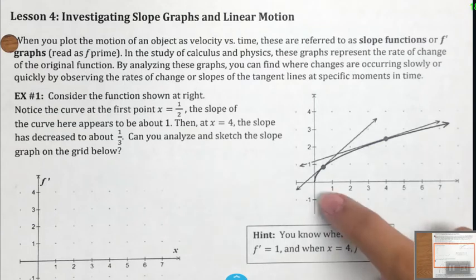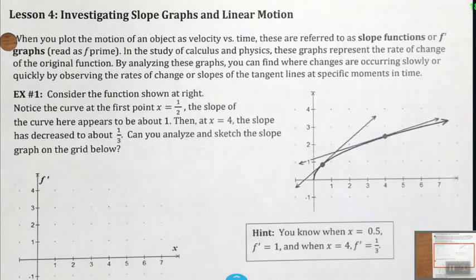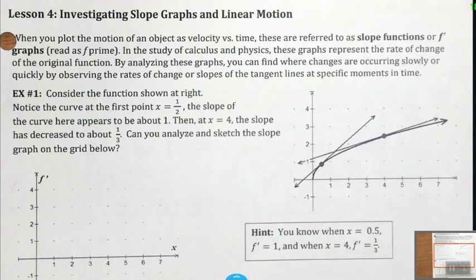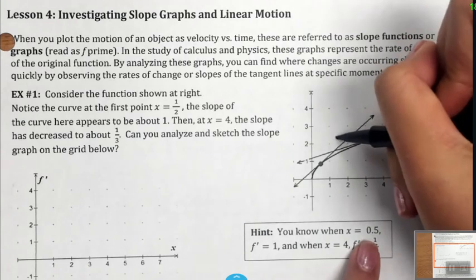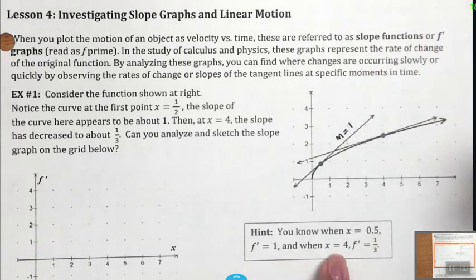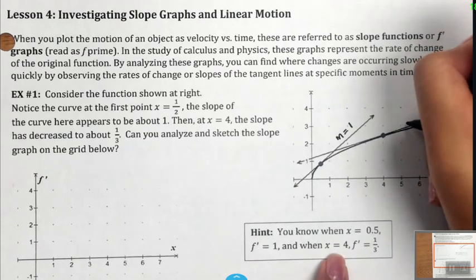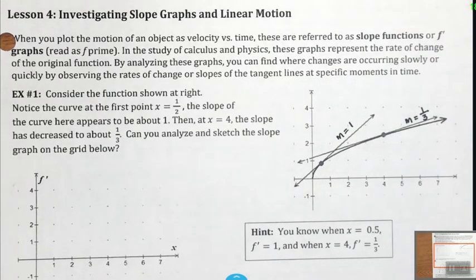All right, so let's say we have this graph, which is of f of x, and it tells you a few things. It tells you that the slope at 0.5 is 1, and at 4 the derivative is 1/3, so the slope is 1/3 at 4, right?